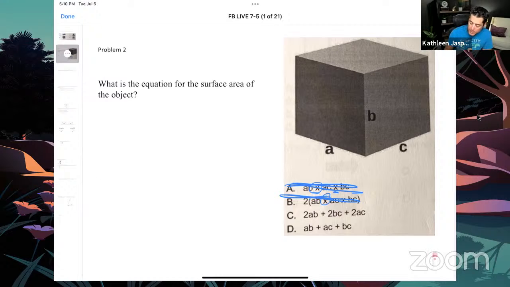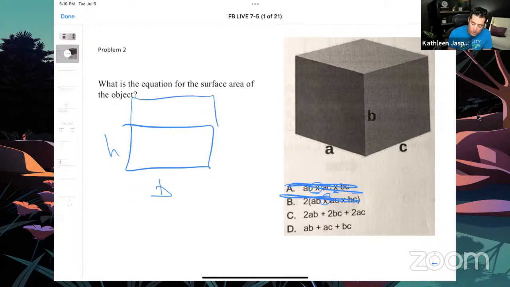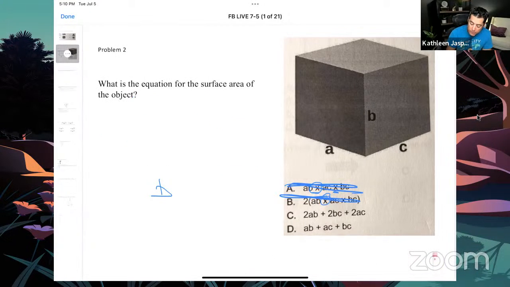I would do base times height, right? Base and height, base times height gets it. But once I start adding more onto it, base times height doesn't cut it anymore. So we have to take the individual areas of each face. So I'm going to have to add these things.